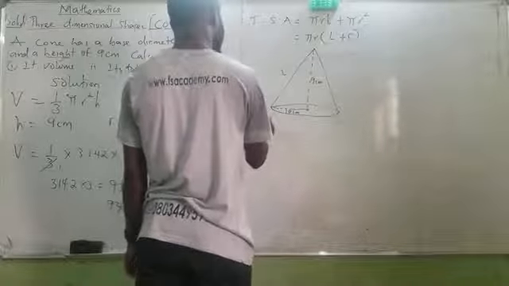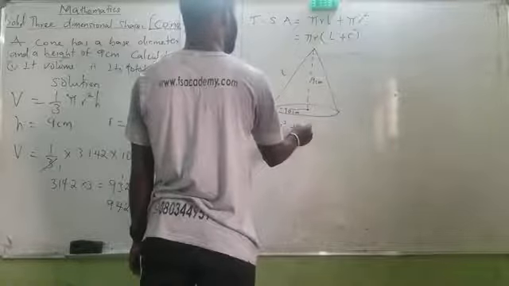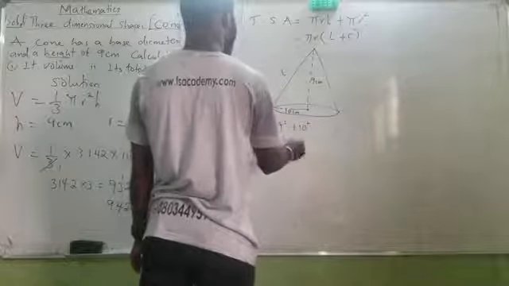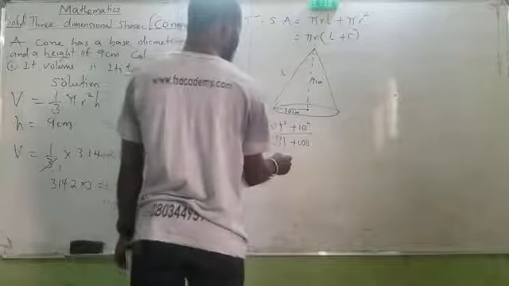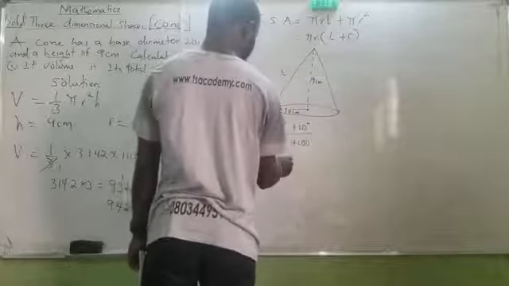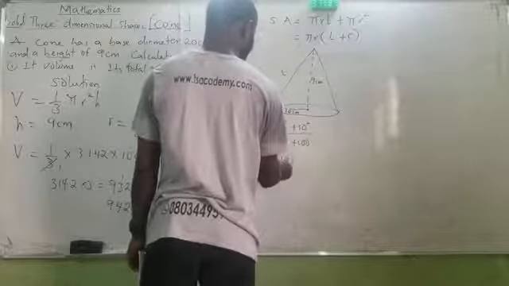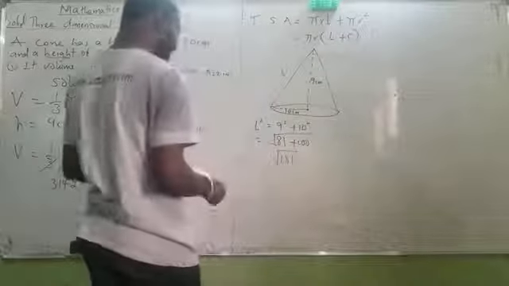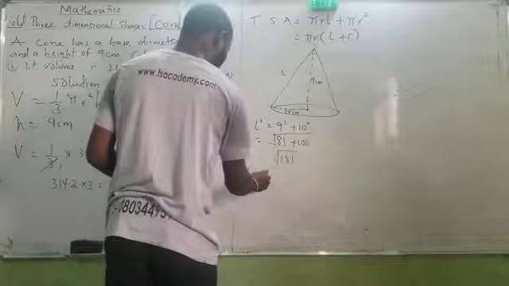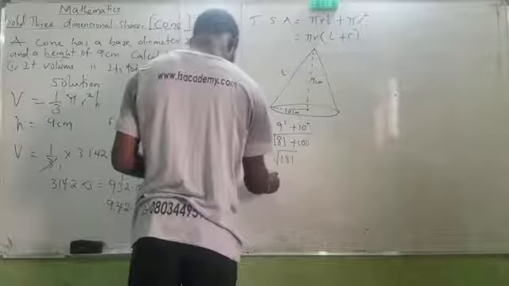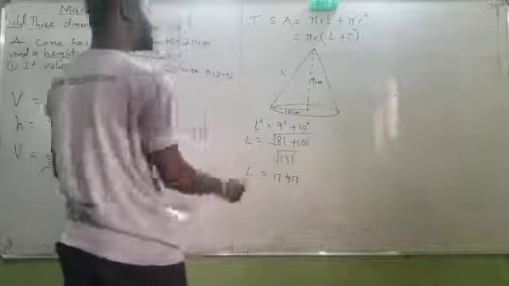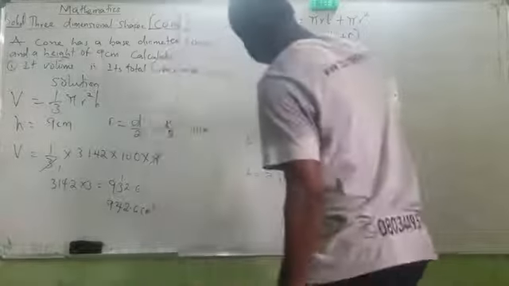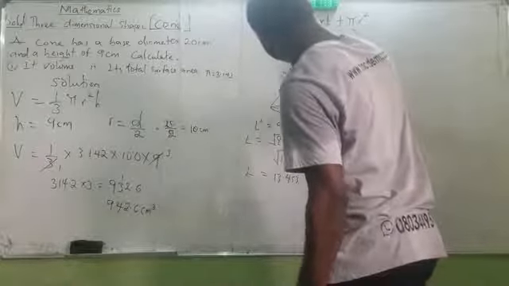It means my slant height squared equals 9 squared plus 10 squared. 81 plus 100, all root, which is my length, which is root 181. 181 will give me 13 point something, so I'll have my slant height as 13.453. That is my slant height.